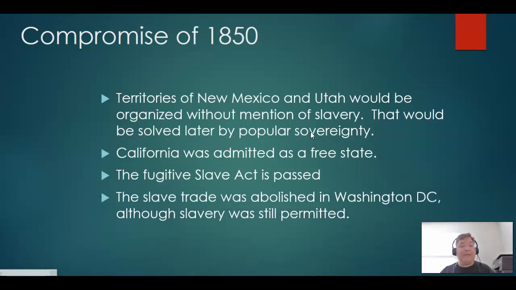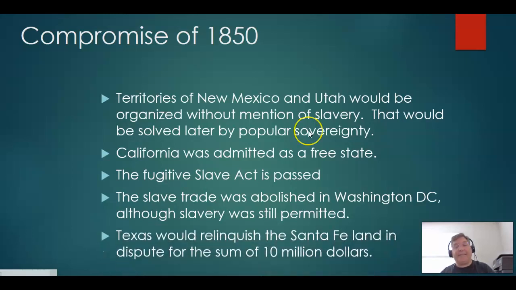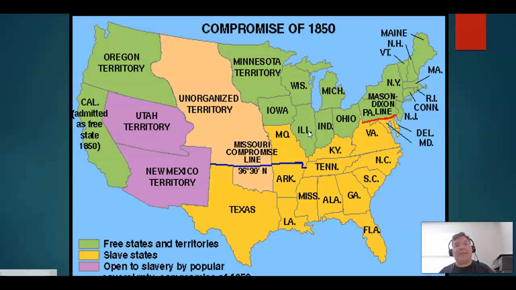We abolish the slave trade in Washington, D.C. There's no more buying and selling, but slavery is still admitted there. Texas gives up its land that was in dispute and is paid a sum of $10 million by the United States government. Which brings us to looking something like this.